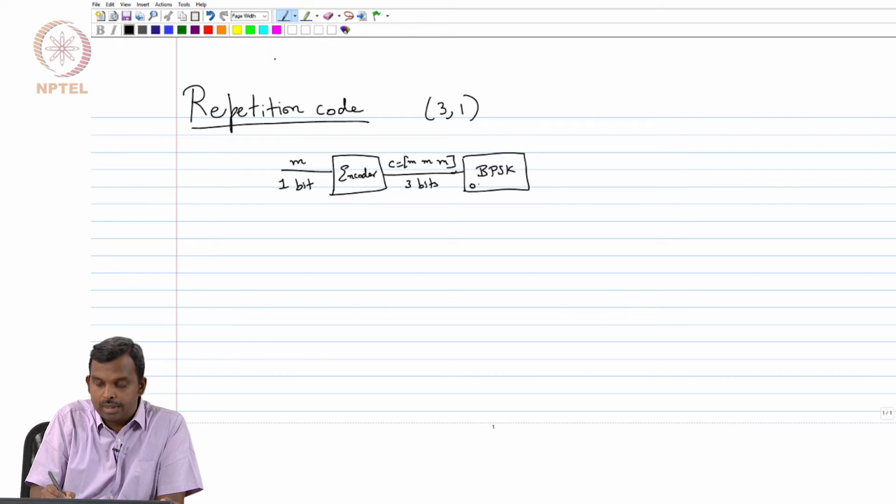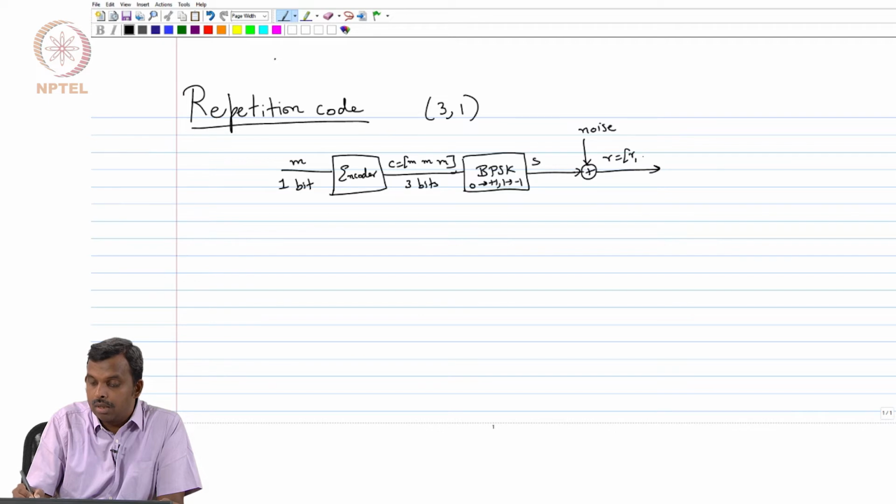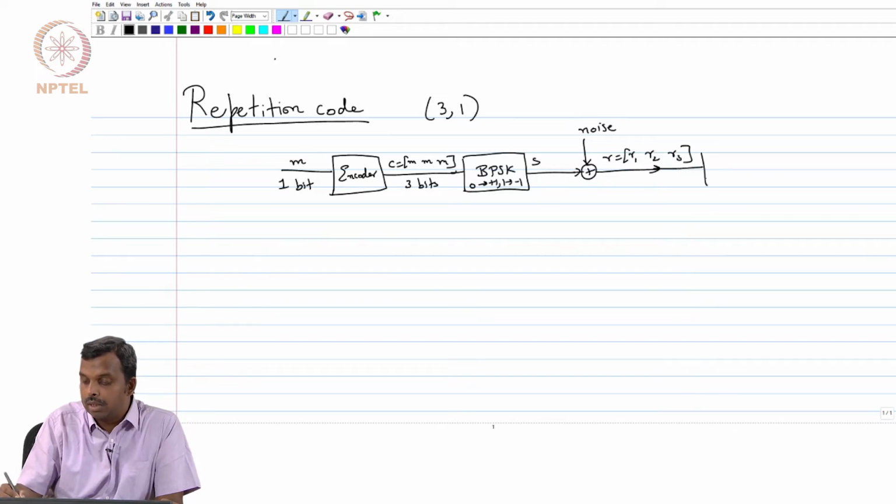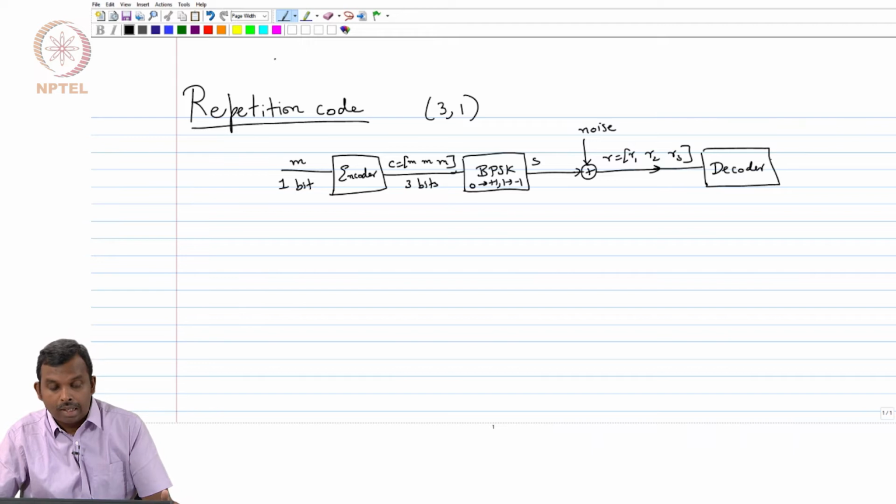We all know what it is by now, 0 to +1, 1 to -1, and you get a symbol vector S. Okay, and then this goes through noise. And you get a received vector R, which is R1, R2, R3. Okay, and the decoder has the task of producing M hat or C hat.